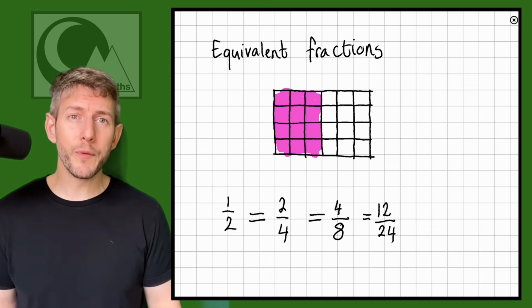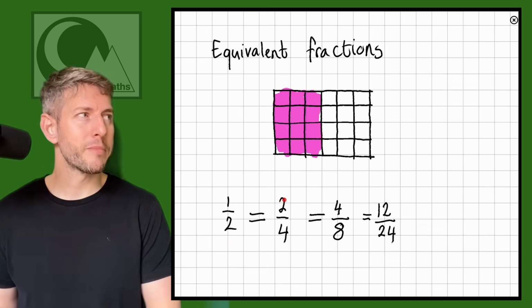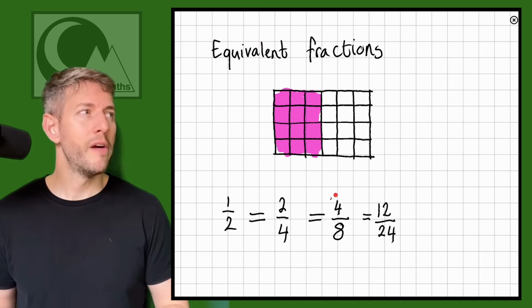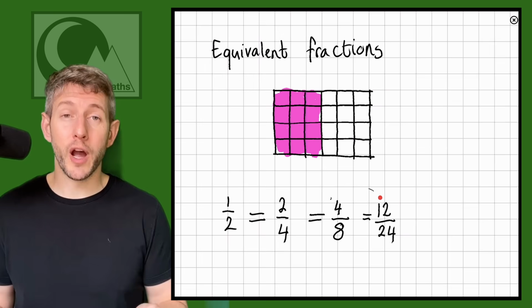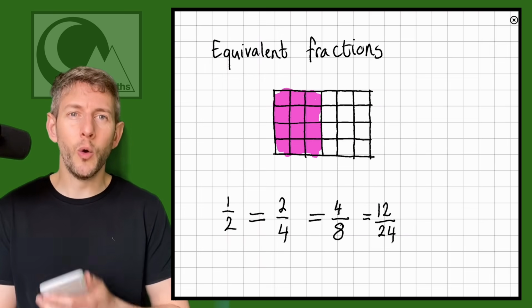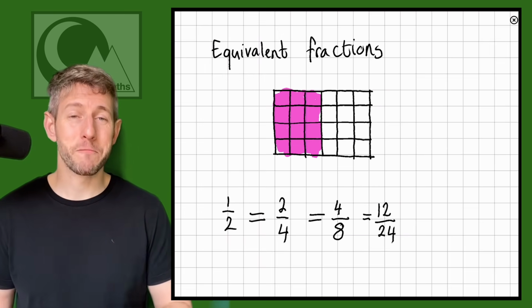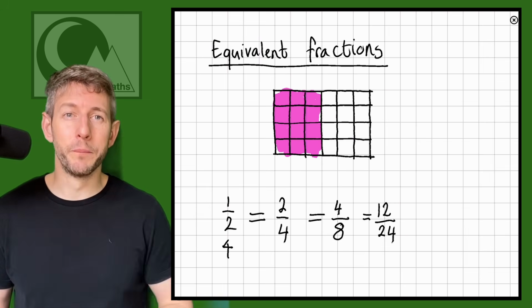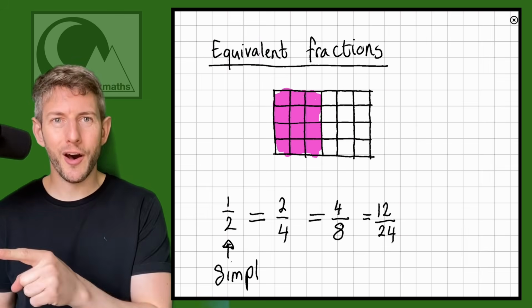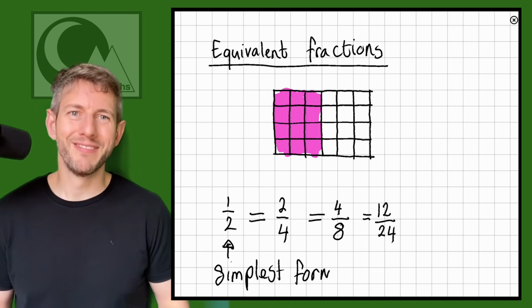Okay, so we now know that a half is the same as 2 over 4, which is the same as 4 over 8, and is the same as 12 over 24. So these are all equivalent fractions. But the half is the simplest form because it's the half that has the smallest numbers.